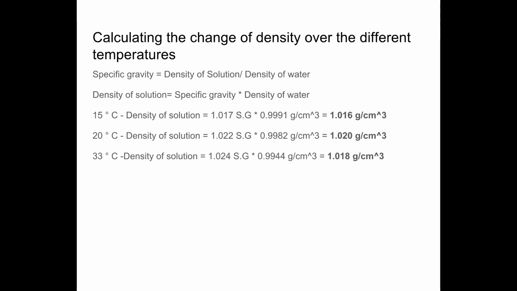At 20 degrees Celsius, the density of the solution equals 1.022 specific gravity times the density of water at 20 degrees Celsius, which is 0.9982 grams per cubic centimeter, and we got 1.020 grams per cubic centimeter. At 33 degrees Celsius, we got 1.024 specific gravity times 0.9944 grams per cubic centimeter, and we got 1.018 grams per cubic centimeter.